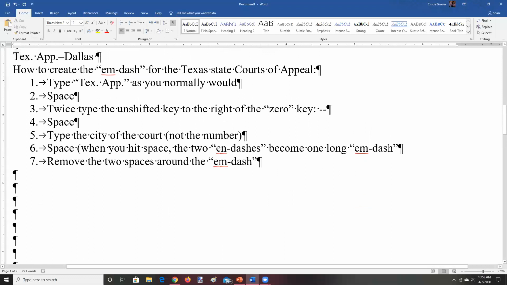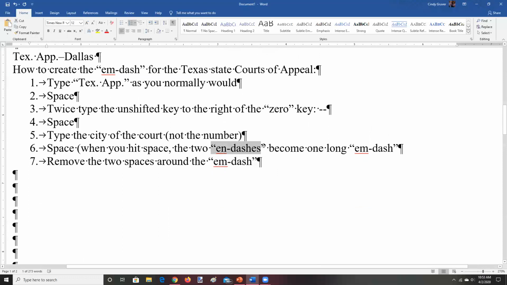Then we're going to capitalize APP, period. That stands for appellate. Then we're going to have an M dash. I'm saying M as in Michael, M dash. An M dash, this is how people write it, is longer than an N dash.